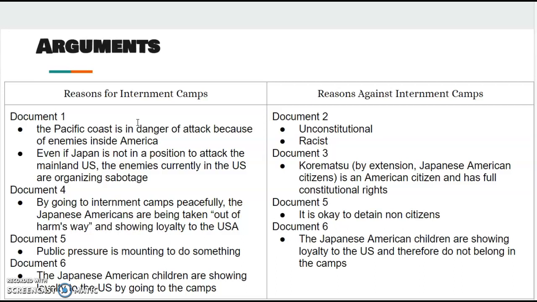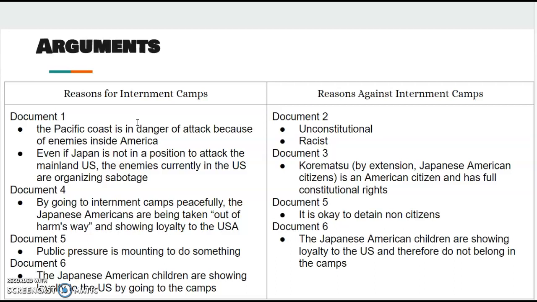Document 3, another dissenting opinion, said that Korematsu, and by extension all Japanese American citizens, is first and foremost an American citizen. He was born in California. That's where he's lived all his life, and he has these full constitutional rights. Document 5 was that J. Edgar Hoover one, where he was talking about there's a lot of controversy, there's public pressure to do something. He argues that we can take away the rights of non-citizens.